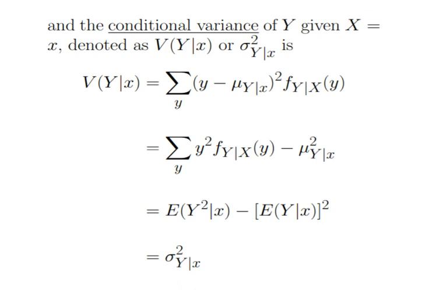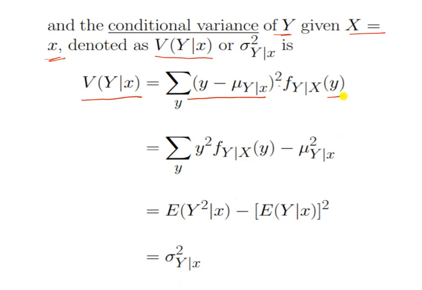Now the conditional variance of capital Y given capital X is equal to small x is denoted by capital V of y given x, or sigma y given x squared, and defined as V of y given x is equal to summation of (y minus mu y given x) whole square into f of y given x of y.